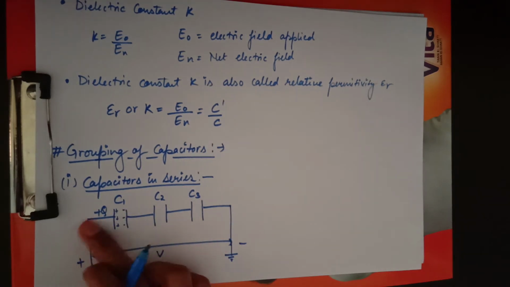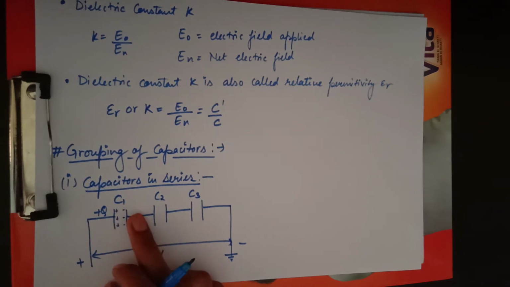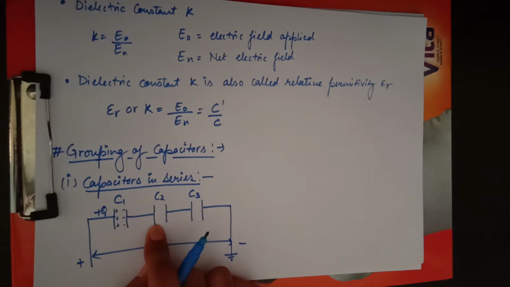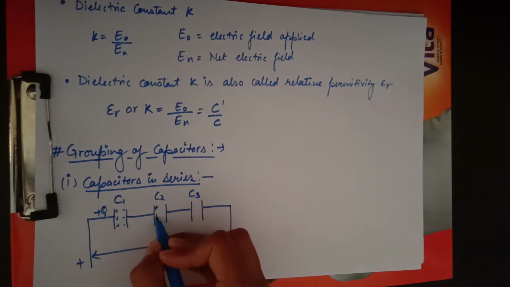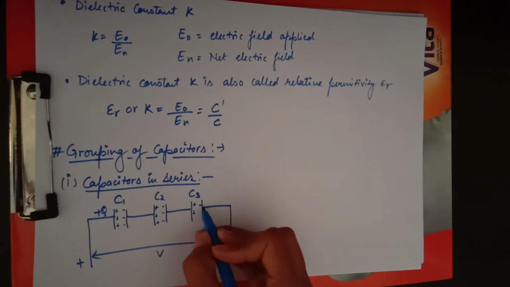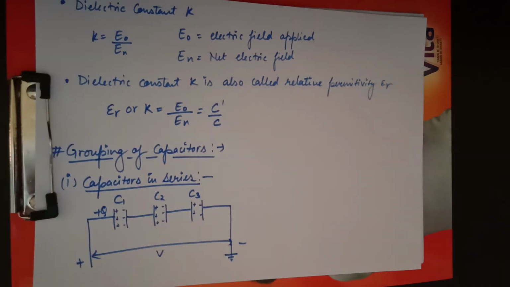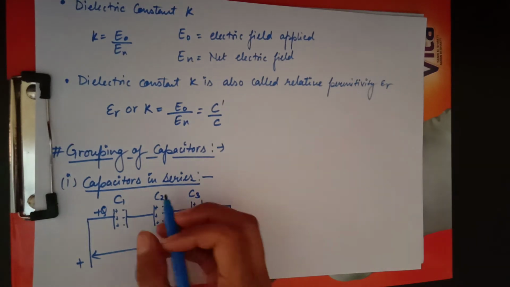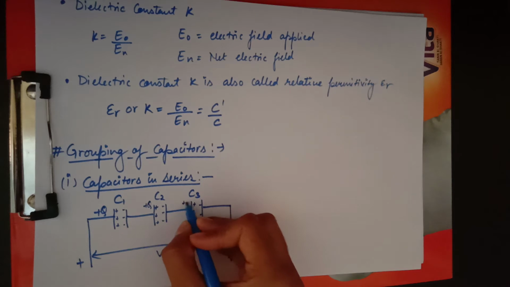These two are connected with a wire, so compared to this, this plate will have some negative charge. In a similar manner, the next acquires some positive charge and some negative charge. So each parallel plate capacitor acquires the same charge, plus Q and minus Q.